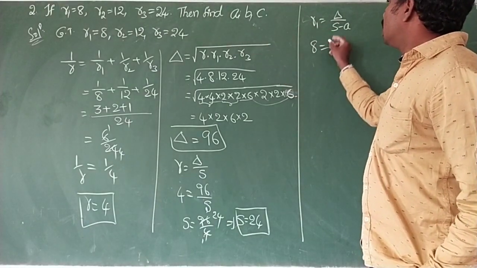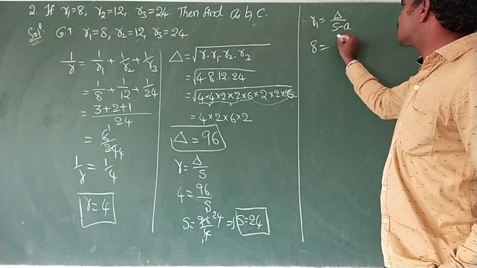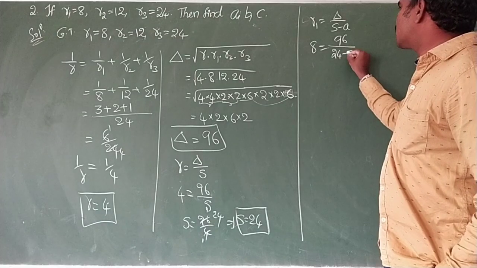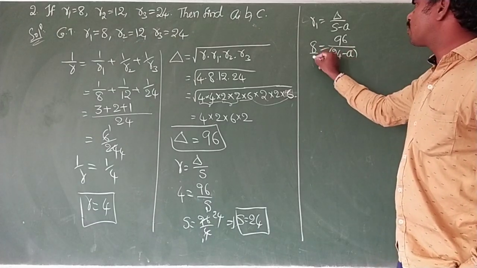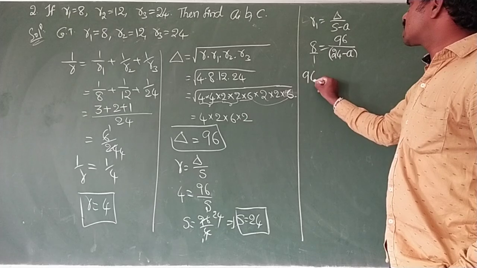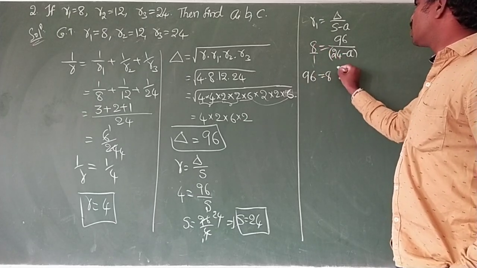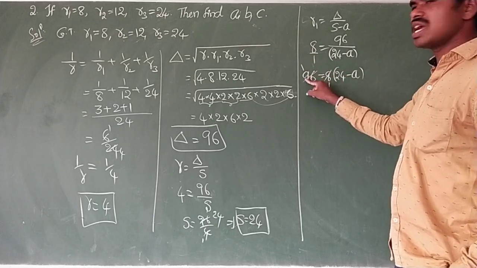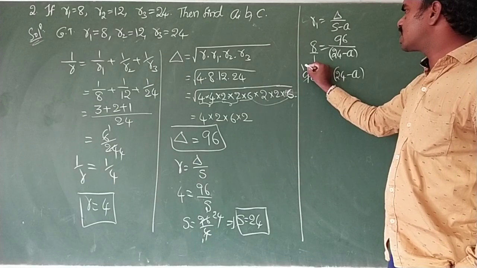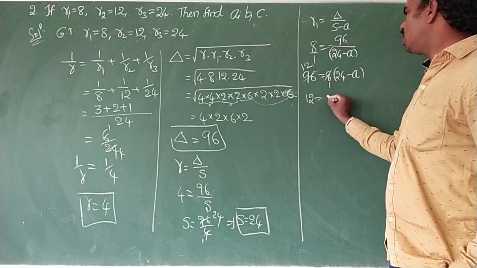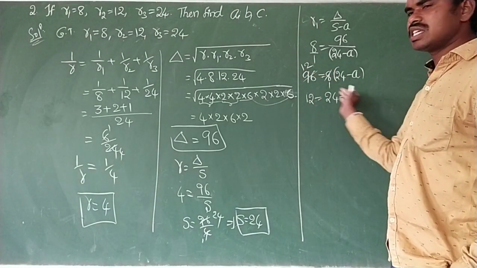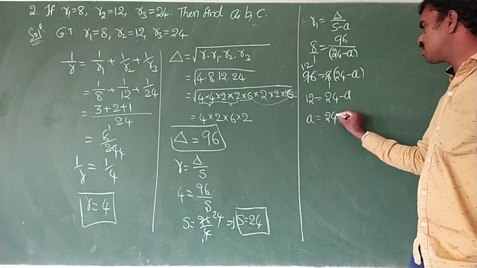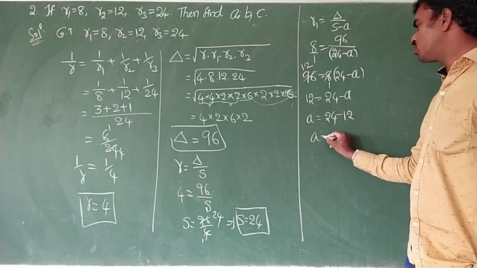So 8 equals delta, which is 96, by S, which is 24, so 24 minus A. Now do cross multiplication. 1 into 96, 96 is equal to 8 into 24 minus A. See, 8 1s are 8, 8 2s are 16. So we get 12 equals 24 minus A. So minus A bring left side becomes A equals 24 as it is, plus 12 send right side becomes minus 12. So A equals 12.